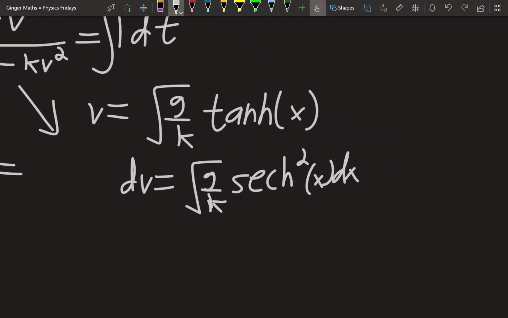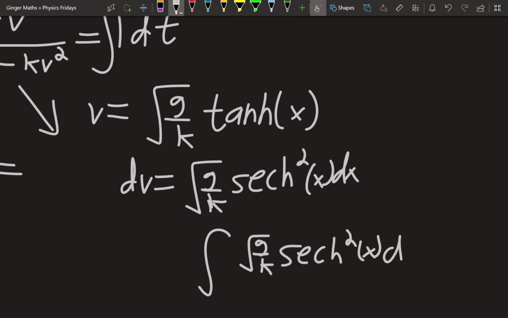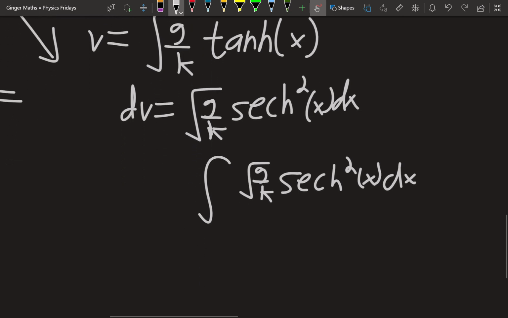Okay, so what we have here is the integral of the square root of g over k times hyperbolic secant squared of x dx, divided by g times 1 minus tanh squared x. The reason we have this coefficient is so that when we plug it in, the k's cancel and we can factor out the g.